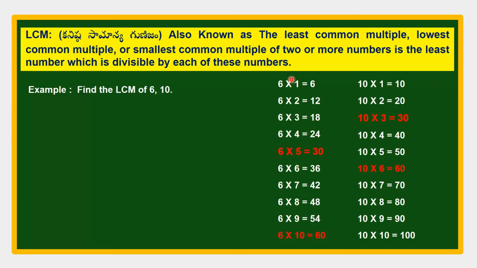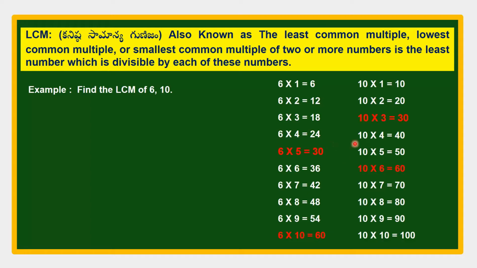If you see the 6 table, 6 1 is 6, 6 2 is 12. So 6, 12, 18, 24, 30, these are all multiples of 6. Like that, here I mentioned multiples of 10: 10, 20, 30, 40, 50, 60, 70, 80, 90, 100.